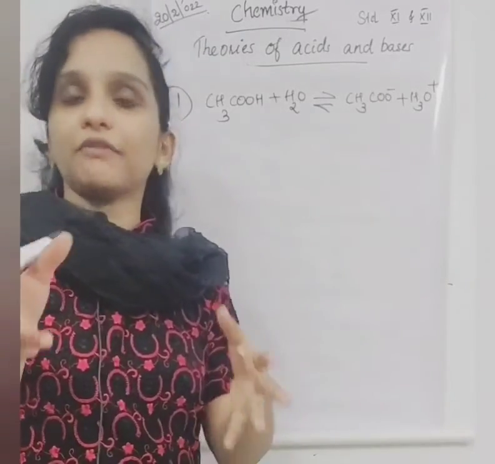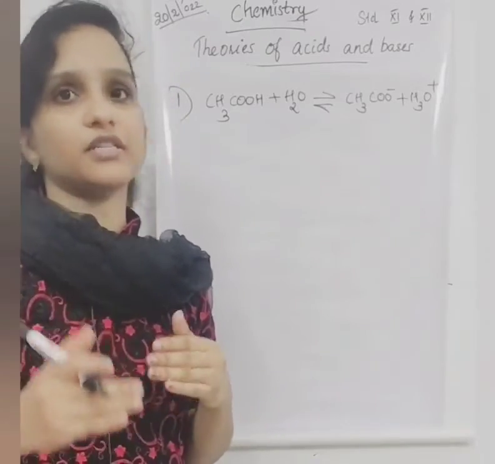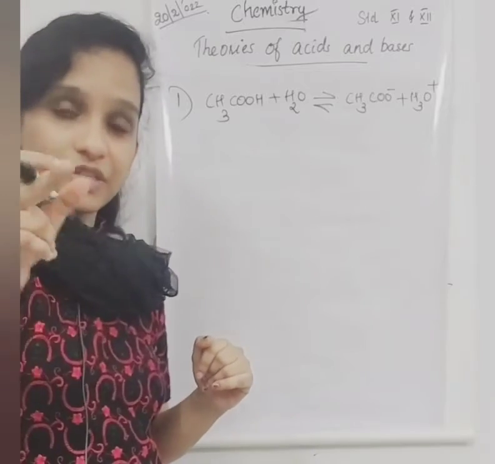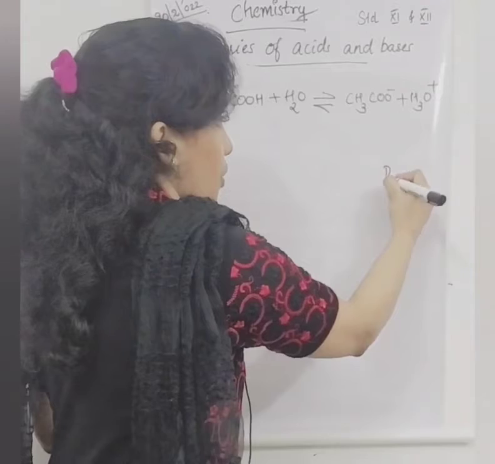Now let's see one example in your NCERT textbook: CH3COOH plus water gives CH3COO minus plus H3O plus. You have to identify which one is the Bronsted acid and which is the Bronsted base. An acid is a substance which donates H plus ions, a proton donor.